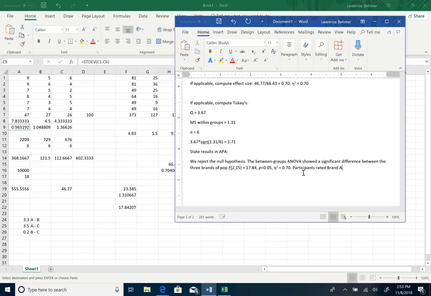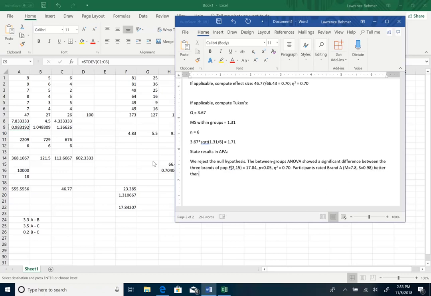brand A, and then we'll report the mean, which was 7.8, in parentheses, M equals 7.8, comma, SD equals, we'll just say 0.98, rated brand A, I don't know, better.